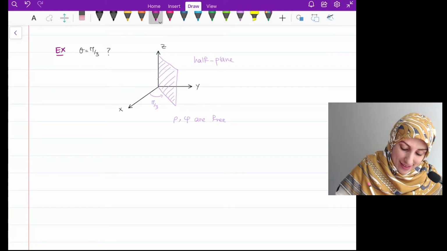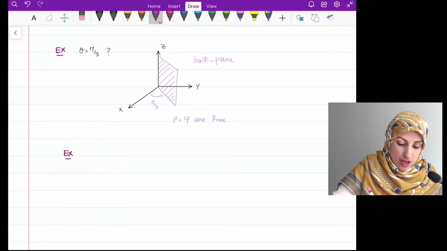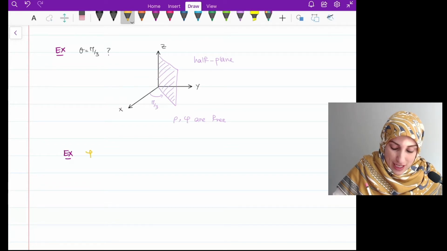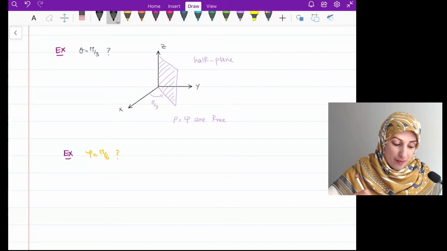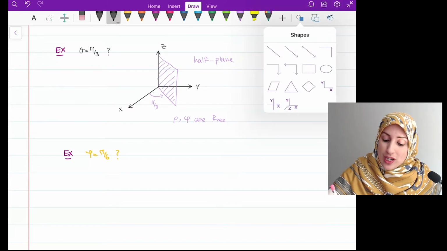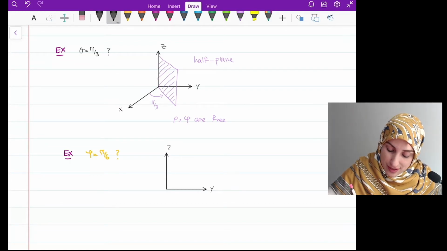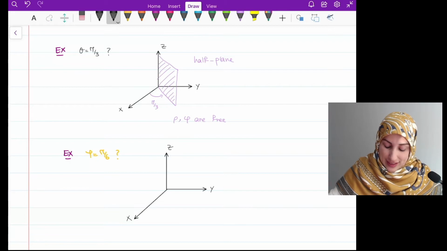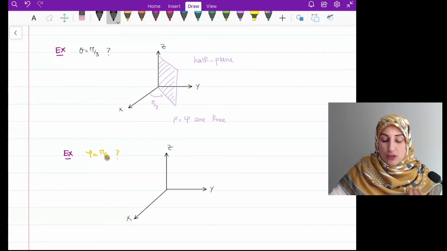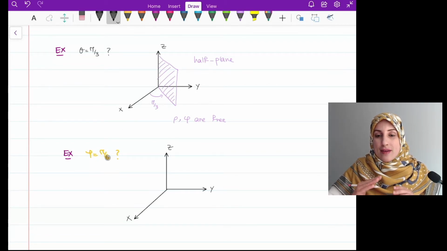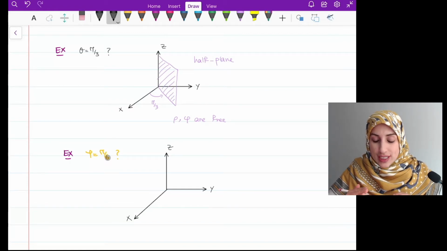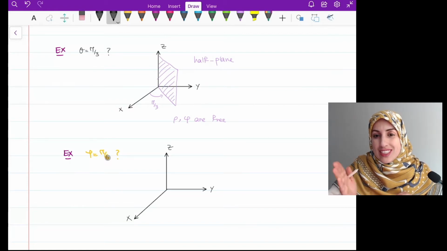And the next example, what is phi equals pi over 6? Okay, I'm gonna graph x, y, and z, and I'm gonna give you some time to think about this. Z, and then the x-axis. So when phi is equal to pi over 6, I'm considering the angle from the positive z-axis.